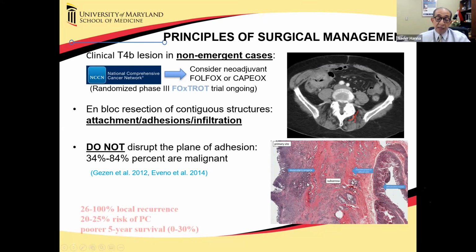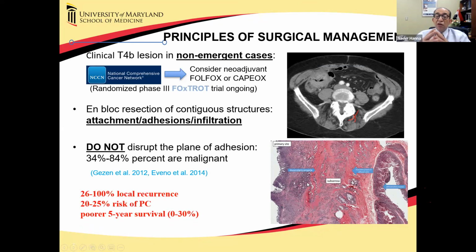And if you look at the risk of doing that, if you cut through these malignant adhesions, of course, it's hard to tell what's a malignant adhesion or what's a desmoplastic reaction. So if you end up finding that this adhesion was malignant, and you have a positive margin, the risk of local recurrence can be up to 100%. There is about a 20 to 25% risk of peritoneal carcinomatosis, and they have very poor survival. Five-year survival is anywhere between 0 to 30%.